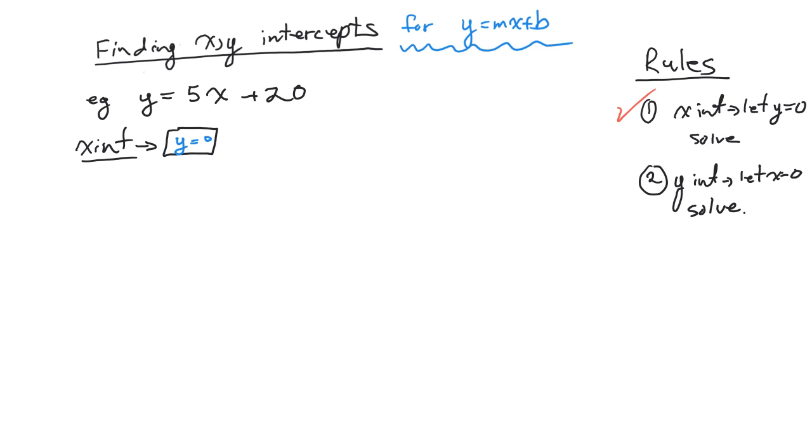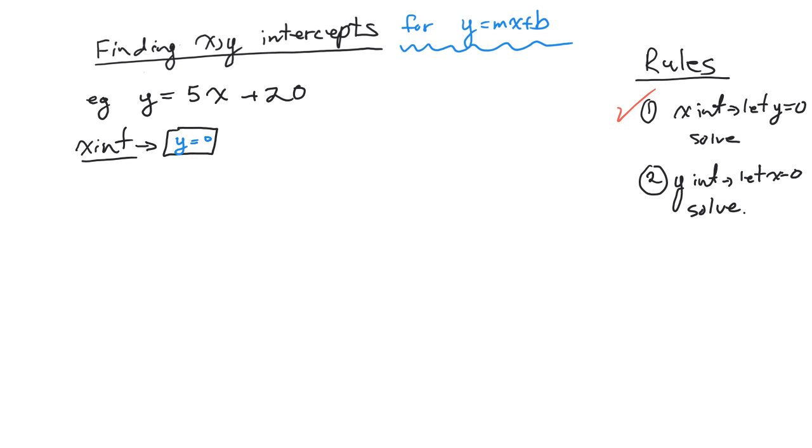So when we look at our original equation, we're literally just going to replace all y's with the number 0.